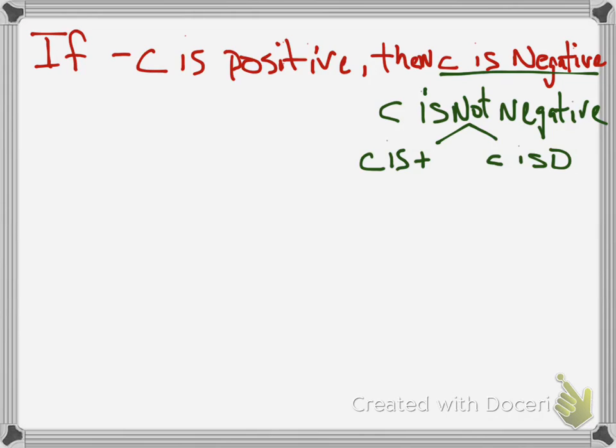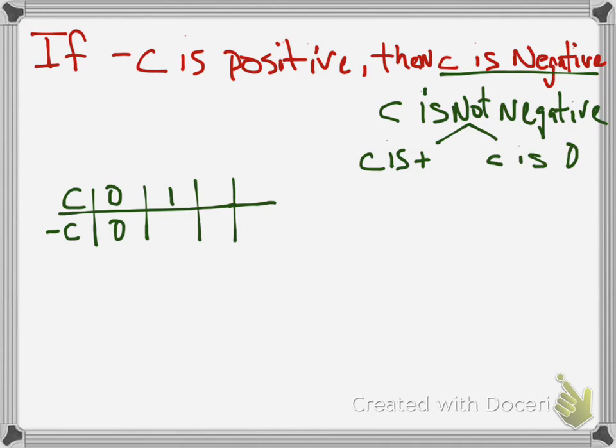All right, so what happens here? On this one, I'm going to make a little table. If c is 0, negative c is 0. If c is 1, negative c is negative 1. If c is 2, negative c is negative 2. If c is 3, you get the idea. Let's go the other way. If c was negative 1, then negative c is positive.